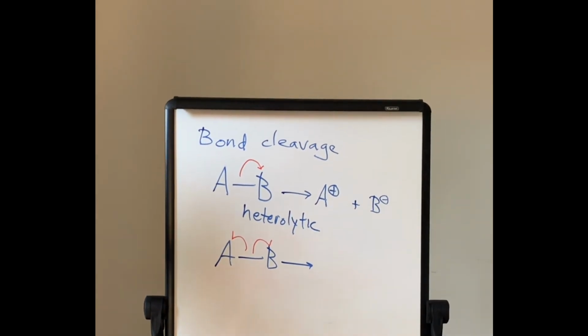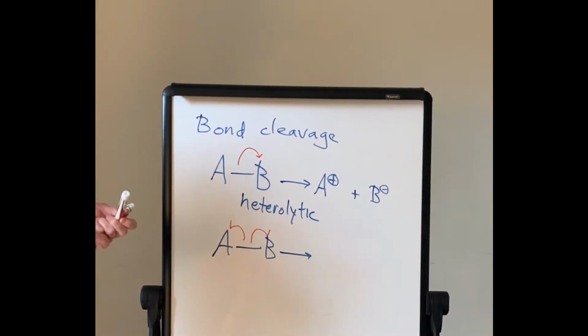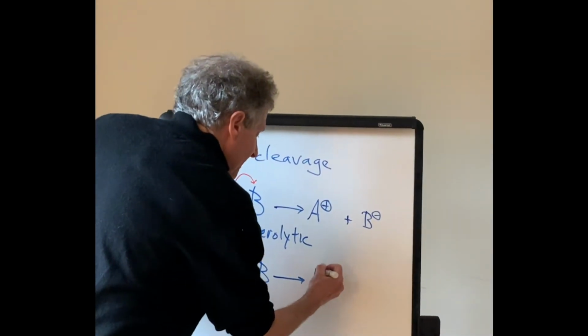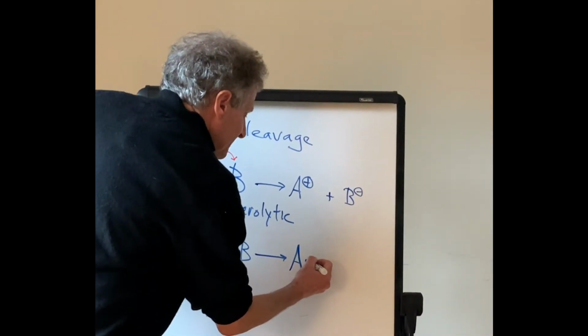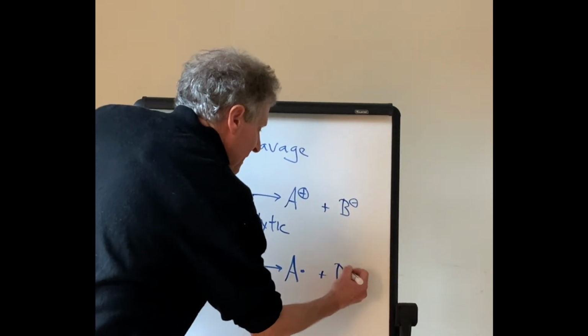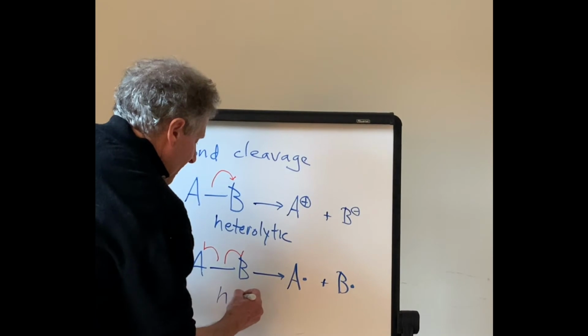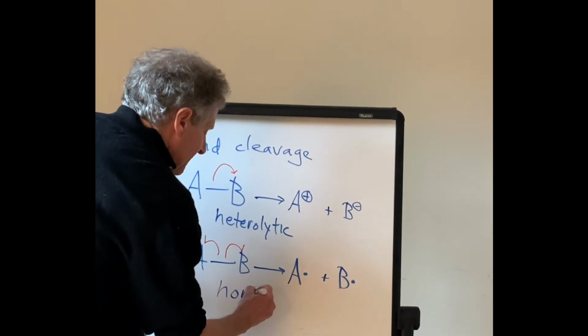Both A and B get an electron. So in this case, we would have A with an electron plus B with an electron. This is called a homolytic cleavage.